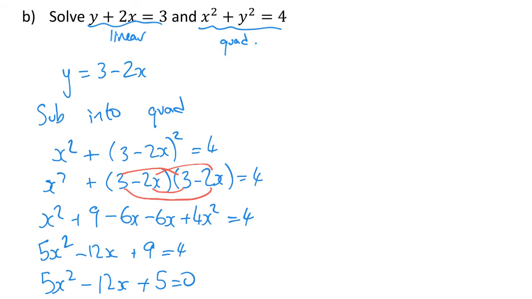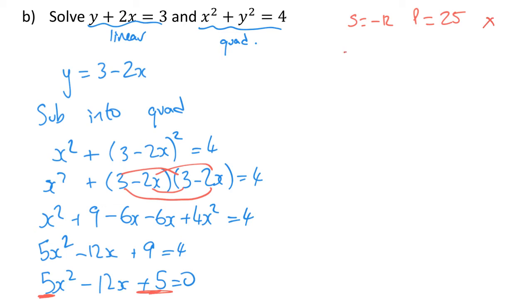To solve that, we need to try and factorize it. So if we try and do that, we get that the sum is equal to minus 12, and the product this time is 25, because we need to multiply the number term by the coefficient of x squared. Sadly though, there aren't any numbers that multiply to 25 and add together to give minus 12. So that means we need to use the quadratic formula.